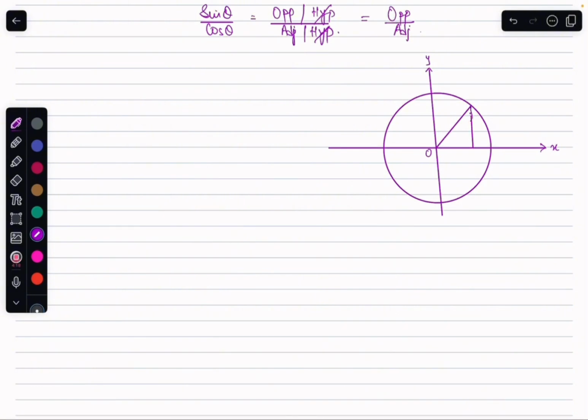If I drop this perpendicular, then with respect to this angle theta, this is my hypotenuse, this is my perpendicular, and this becomes my base. With this as the base, we know the Pythagoras theorem, which states that hypotenuse square equals perpendicular square plus base square.